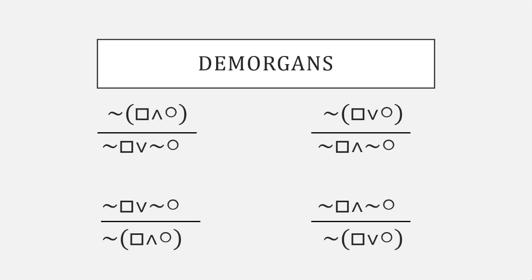You can't use your rules like MTP or simplify to get at the parts of that sentence. Using De Morgan's, now, on the top left-hand side, you start from something where the major connective is a negation. On the bottom, the major connective is now a disjunction, and you can use MTP on that to get one half or the other.